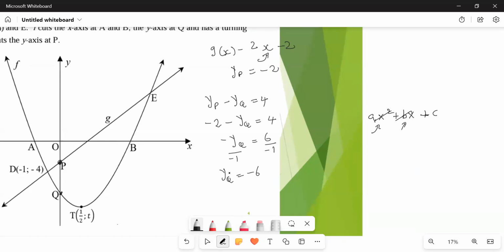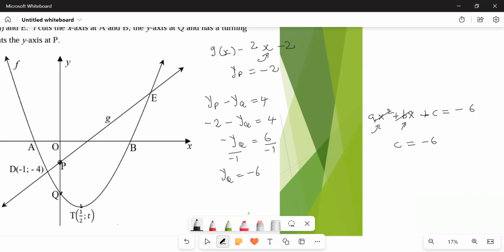And remember that y of q is minus 6. So for the y-intercept, the function is equal to minus 6, meaning that c is equal to minus 6. The value of c is always the y-intercept. So we prove that c is minus 6.